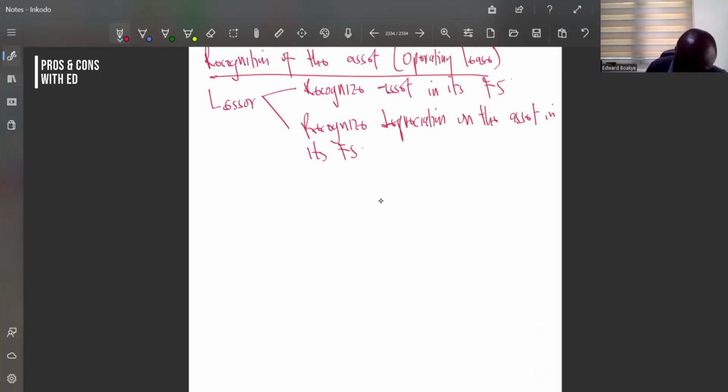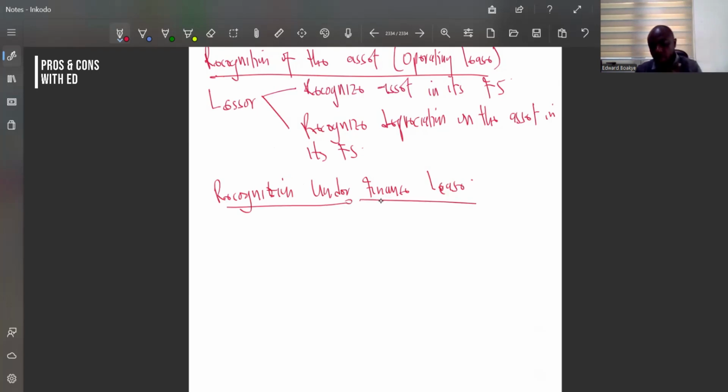Now, what about a finance lease? Recognition under finance lease. So the recognition under finance lease, how are they going to recognize the payments?